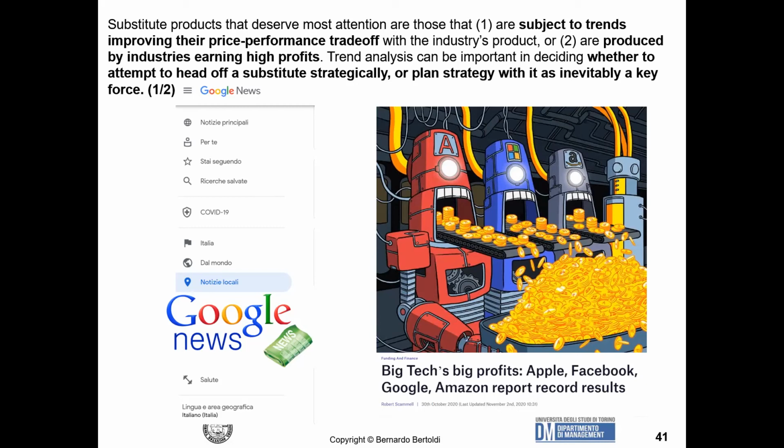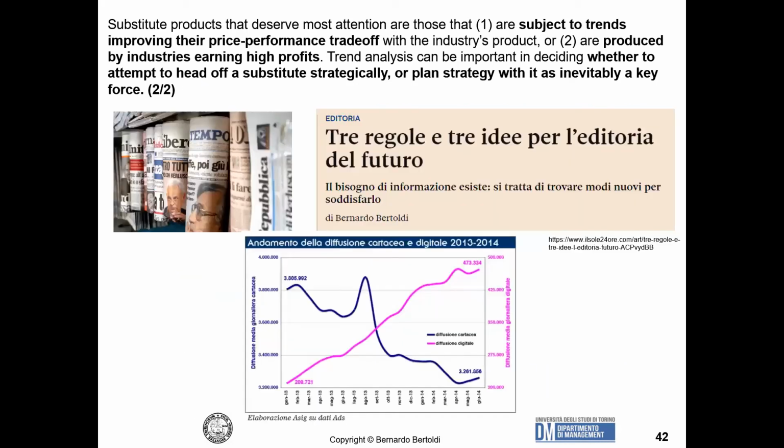Little by little, the big tech guys made a lot of money, they became better, and the newspaper industry entered a crisis, and customers started to say, you know, I want the job to be done in a digital way. So here, for example, we have data from Italy, from 2013, 2014, and the number of digital copies bought by customers increased a lot.